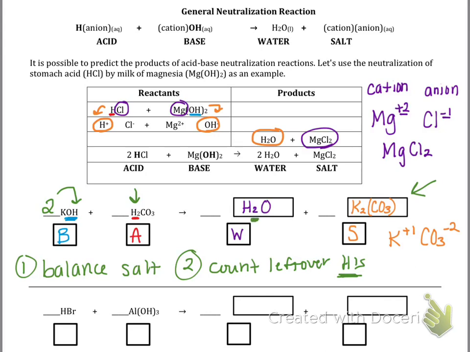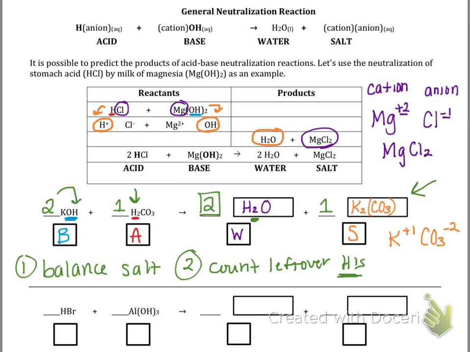Here you only have 2 on the right-hand side. So what times 2 can get us to a total of 4? 2. So now you have 4 H's on the left and 4 H's on the right. So now we are all balanced together. If you would like, you could always put the ones, if it bothers you that it's blank. You can either leave it blank or put some ones.